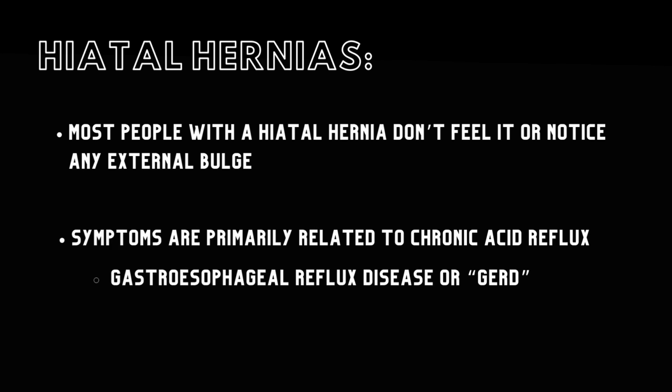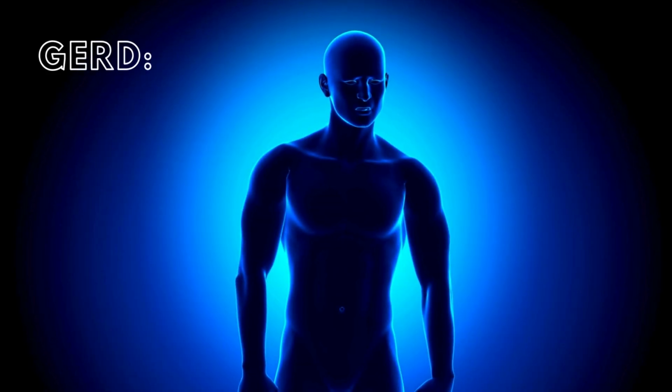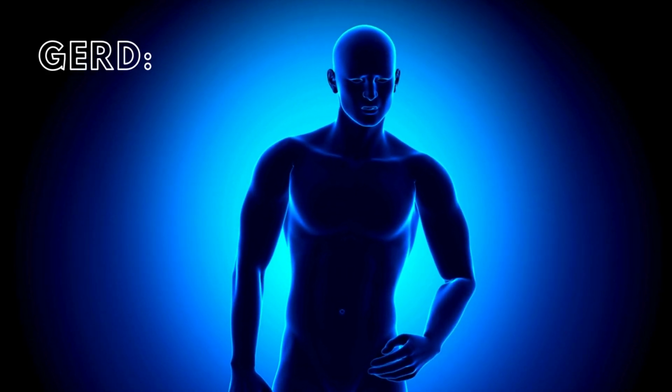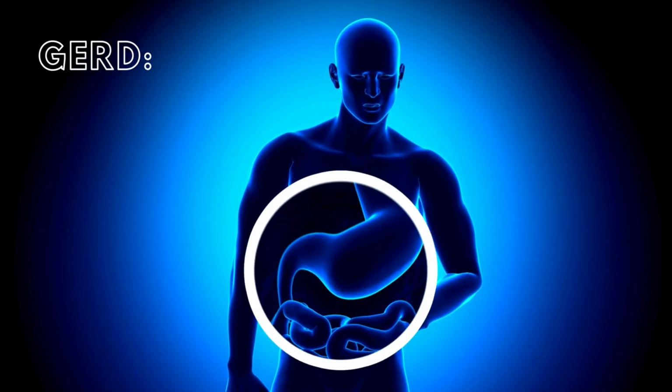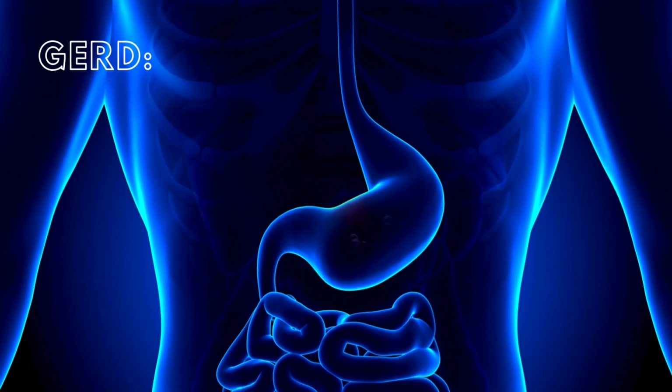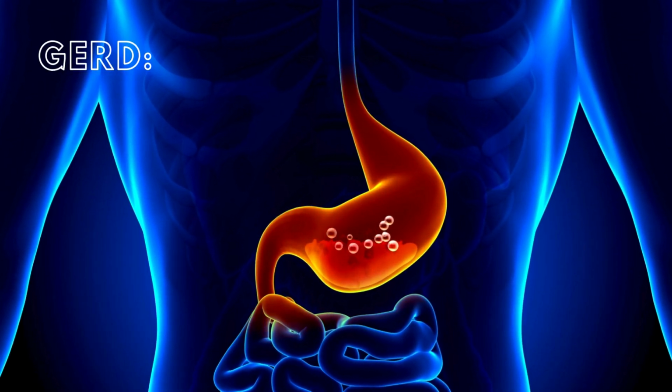Most people with a hiatal hernia don't feel it or notice any external bulge in the thoracic or abdominal regions. The symptoms associated with hiatal hernias are primarily related to chronic acid reflux, also known as gastroesophageal reflux disease, or GERD. GERD occurs due to the abnormal positioning of the stomach and esophagus in a hiatal hernia, leading to the upward flow of gastric acid into the esophagus.